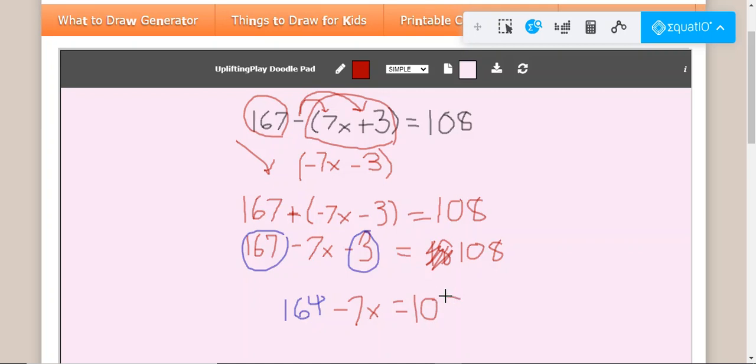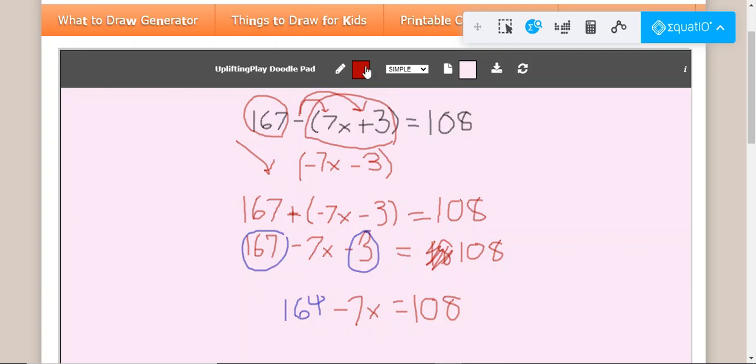Okay, and from there, we just subtract 164 from both sides, divide by negative 7, and that should give us our positive 12.